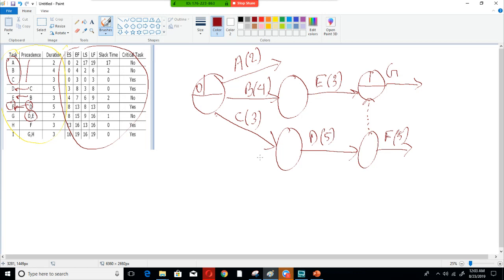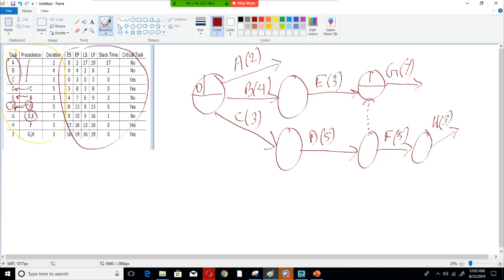Now G has a duration of 7. Now where does H start? H starts after F. So H starts here, and H has a duration of 3.